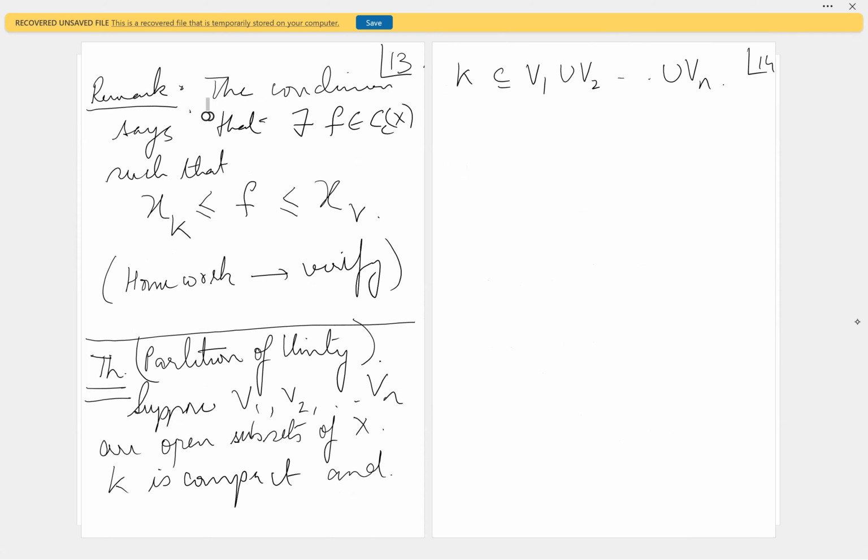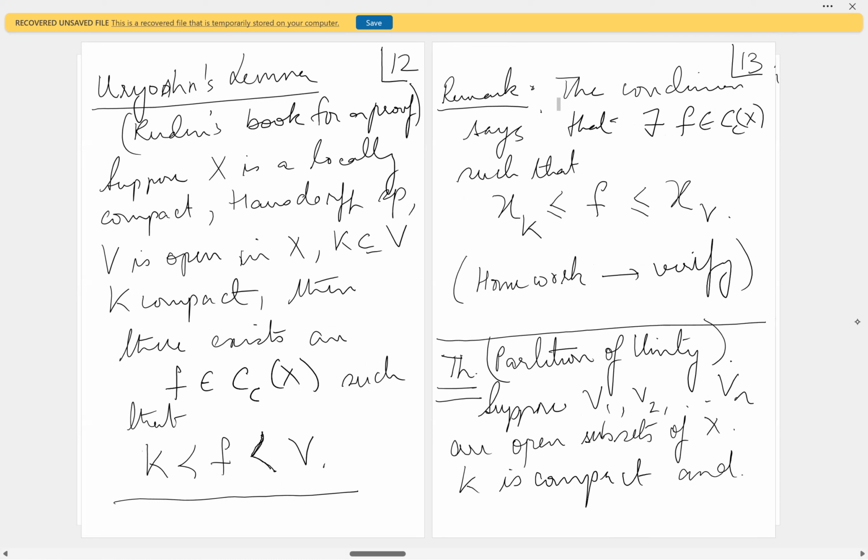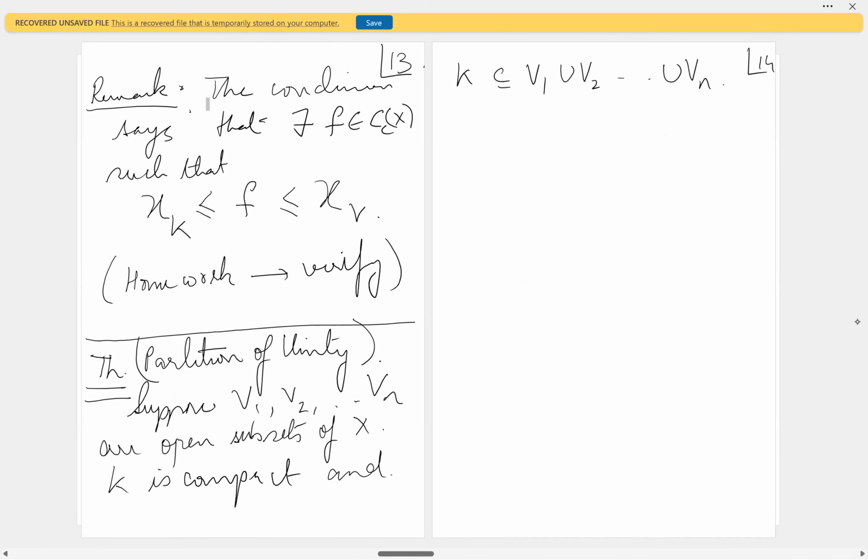So in Urysohn's lemma, you had a single open set V, and K was contained in this V. Now we have a union of open sets, which is still open, so V can be written like this.